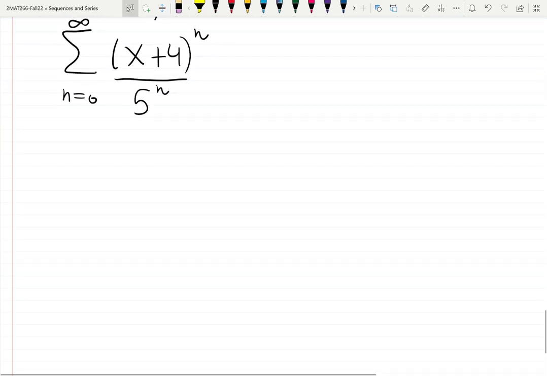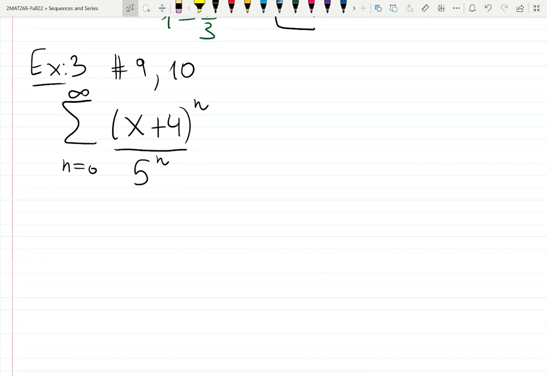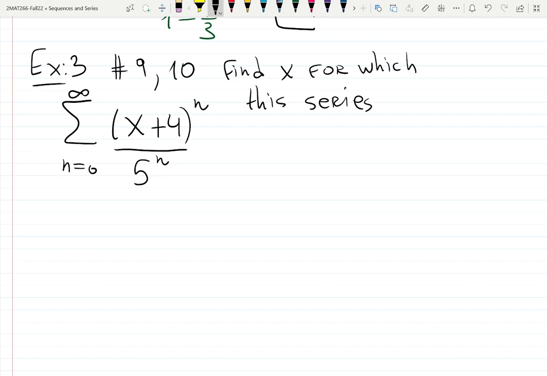What they ask you in those questions, and we will have it in the future too, is: find x for which the series converges.